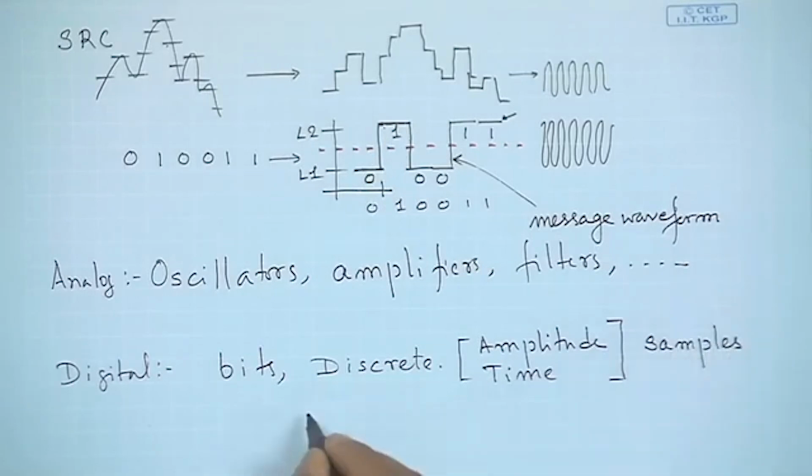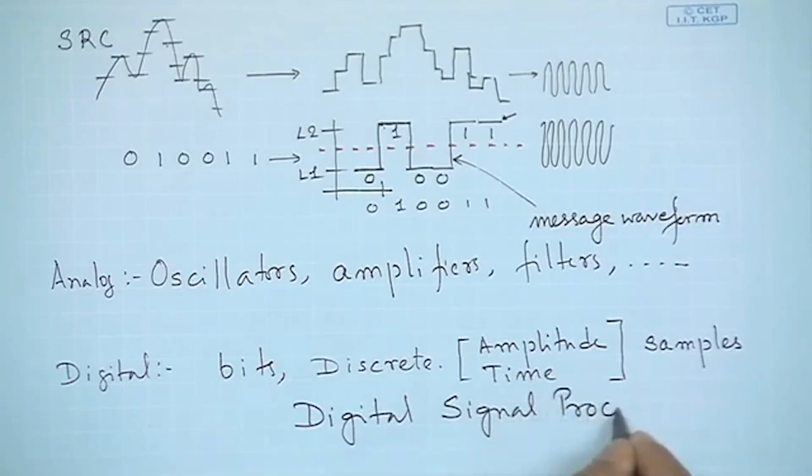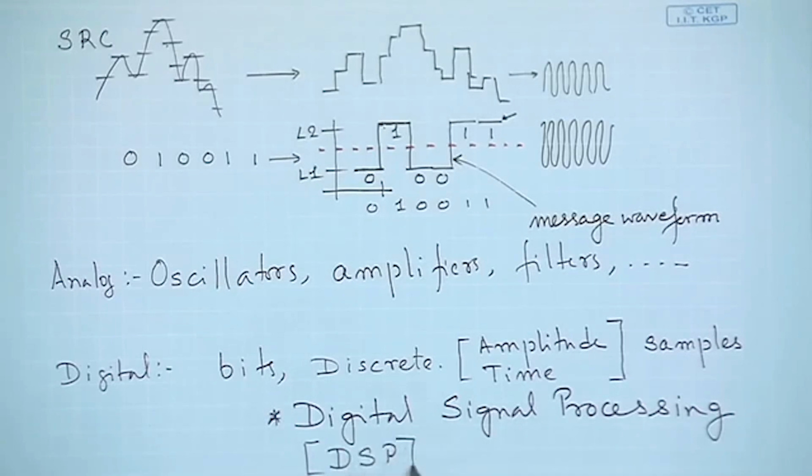The other thing that comes to our mind is digital signal processing. As we said last time, this harnesses the power of the digital signal processor. This summarizes the different pictures that come to mind when we talk of analog or digital.